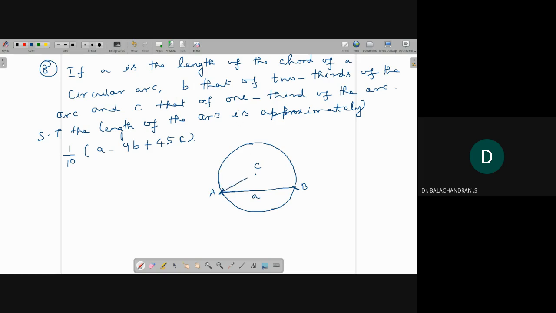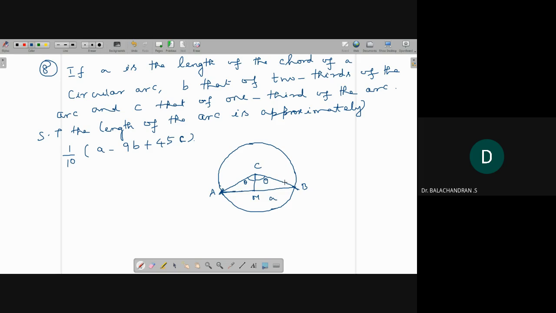If you join this and draw the perpendicular bisector from C to AB, this point is M. So the total length is A. You can take the whole angle as theta, and then write theta by 2, or otherwise take this as theta and this as theta. So the total angle is 2 theta.